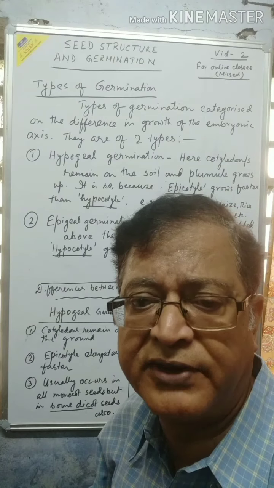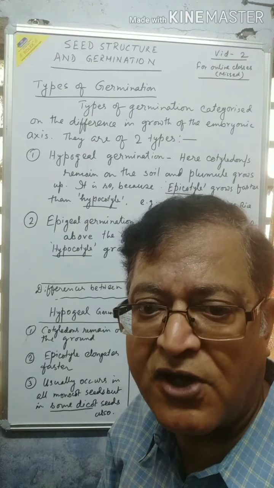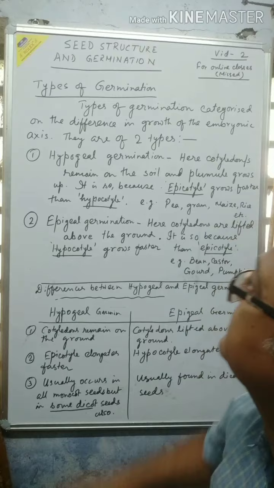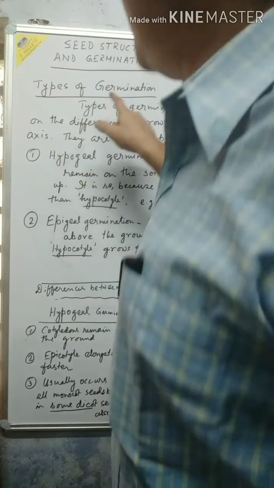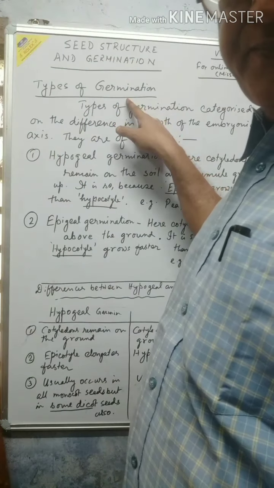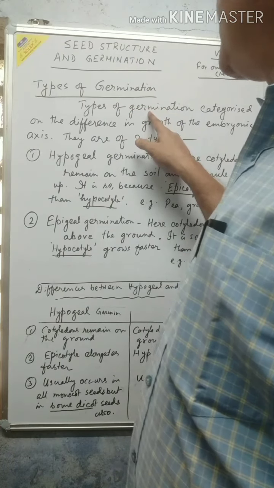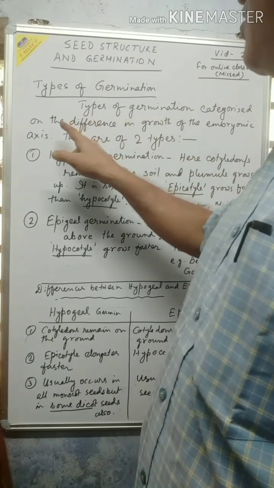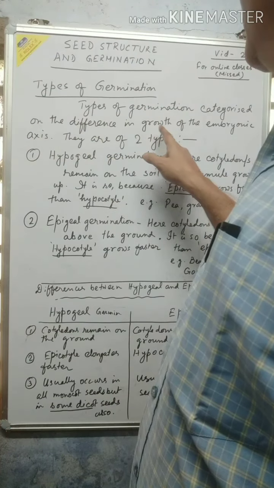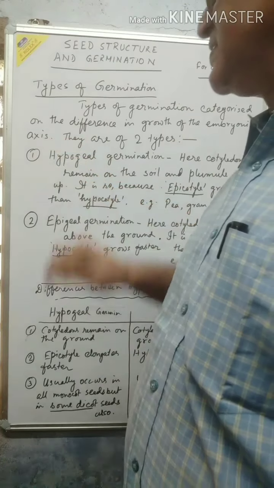Today I am going to tell you the types of germination. Types of germination are categorized based on the difference in growth of the embryonic axis.